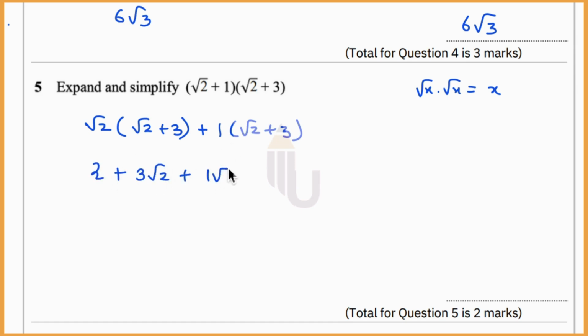Then 1 times root 2 is 1 root 2, and 3. 1 root 2 can also be written as root 2 only. It is the same. 1 is a default number. Now 2 and 3 are like terms, it will be 5. 3 root 2 plus 1 root 2 is the same as 3x plus 1x, so that will be 4x. So it will be 4 root 2. Final answer is 5 plus 4 root 2.